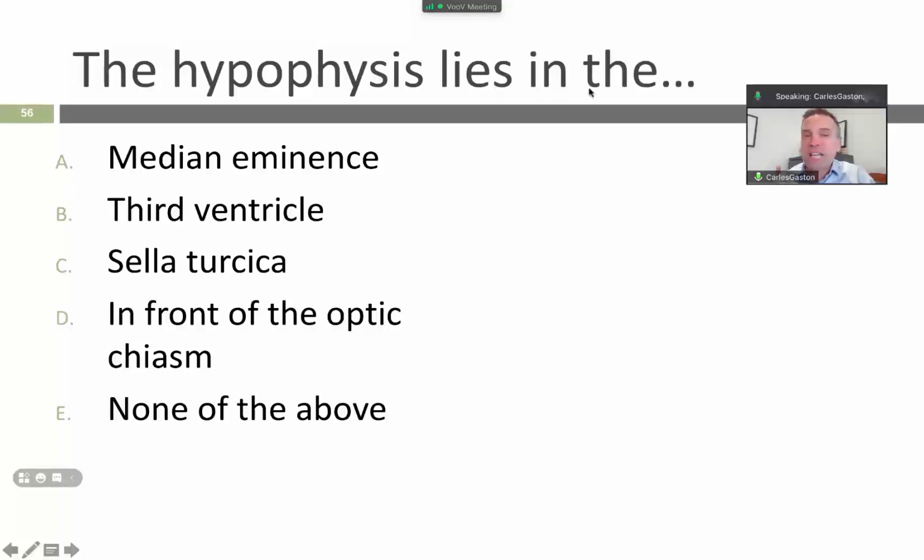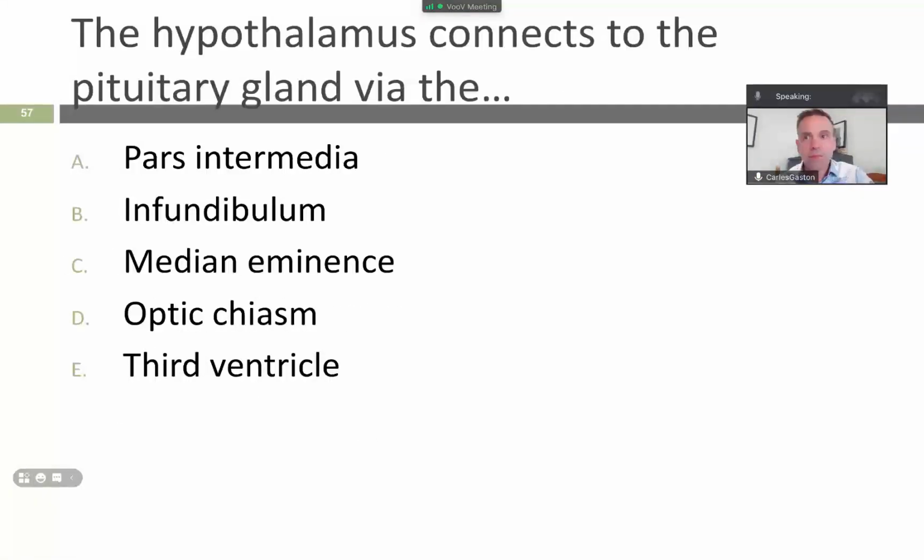The hypothalamus lies in the median eminence, third ventricle, sella turcica, in front of the optic chiasm, or none of the above. The hypothalamus connects to the pituitary gland via the pars intermedia, infundibulum, median eminence, optic chiasm, or third ventricle.